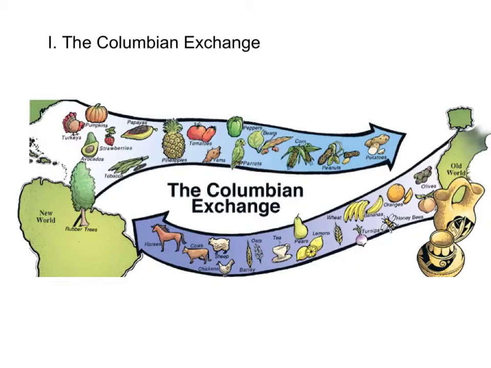Okay. And then going the other direction, some vegetables that probably saved many people's lives. One of the biggest ones is potatoes. The potato basically fed millions of Europeans and kept them from starving to death, especially in places like Ireland.